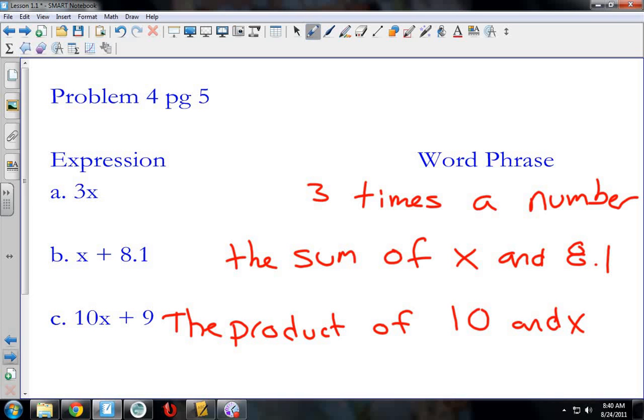Now I need to do the other operation too, which is 9. Sum would work, but the way I wrote it, I don't think sum's going to sound right in there, right? The product of 10 and x sum 9. Yeah, we'll say plus, more than, any of those. I'm going to say more than 9. Right. Now, like we were just talking, there's many ways that you can write these. So if you check your answers in the back of the book, they might have something different, but it doesn't mean you're wrong.